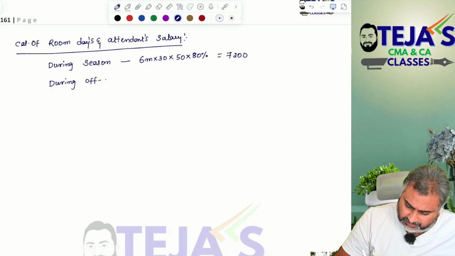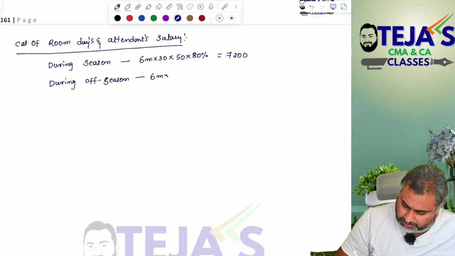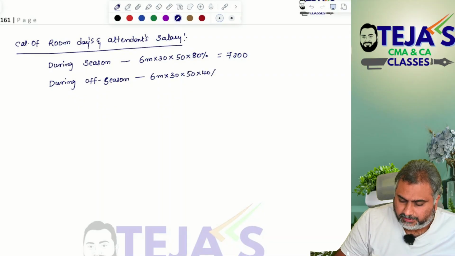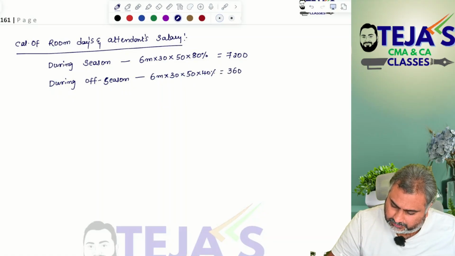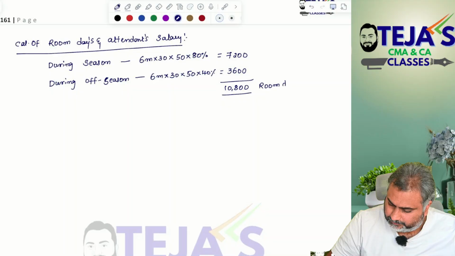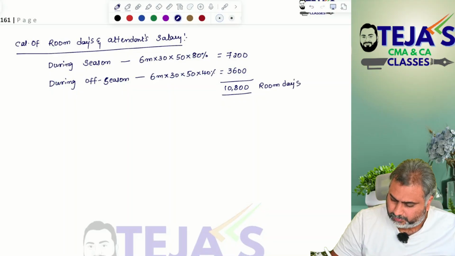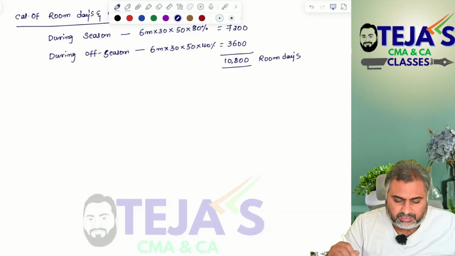During off season: 6 months into 30 days into 50 rooms into occupancy 40%, half of this, so 3,600. Total 10,800 room days.